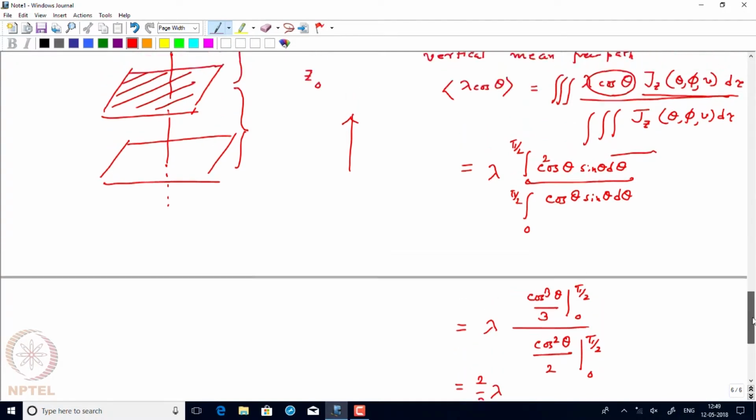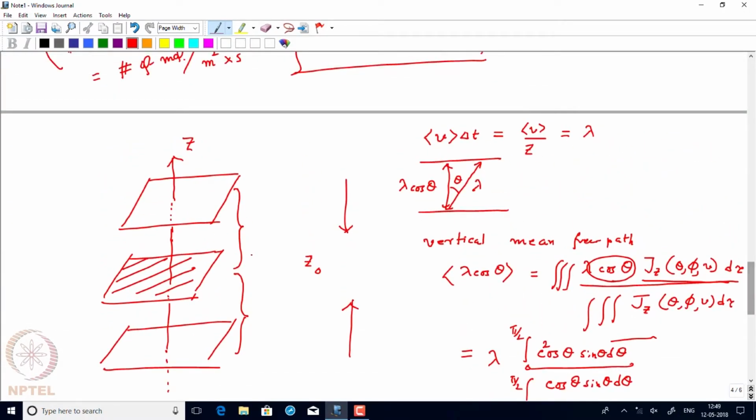So what we learned is that if this plane is located at z0, the middle plane, this is located at z0 plus 2/3 lambda, and this is located at z0 minus 2/3 lambda.